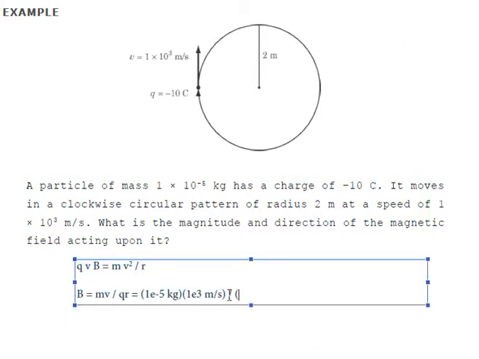And then we divide that by q, which is negative 10 coulombs, and r is 2 meters.